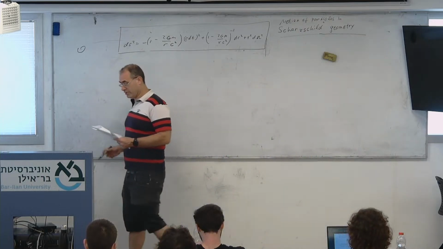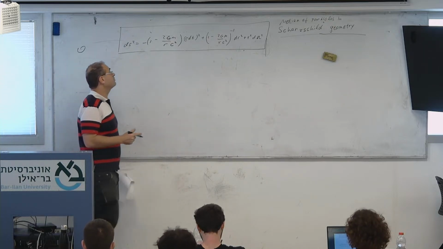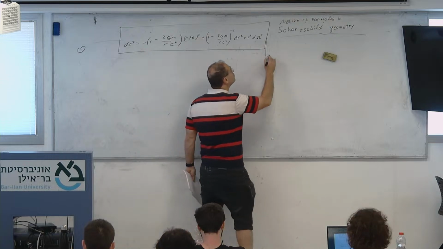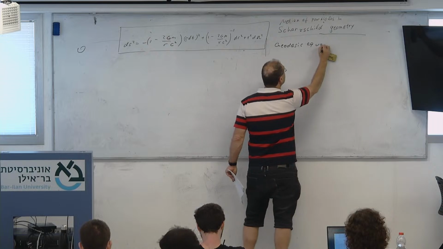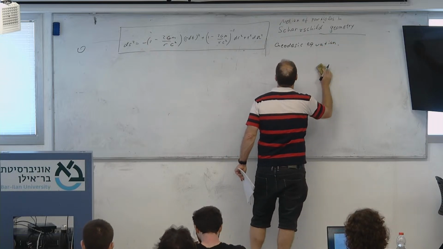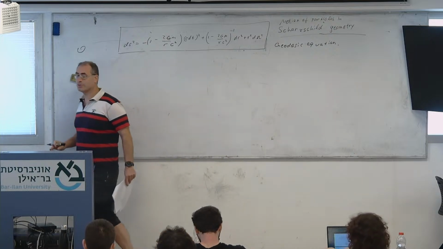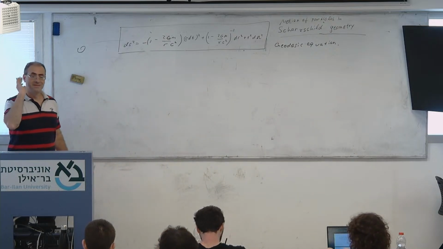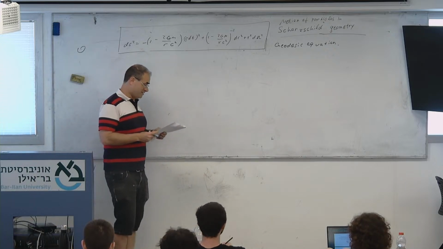For the motion of particles, geodesics, right? So the first thing to do, of course, is to solve the geodesic equation. We have a Killing vector, so maybe that will be the second thing we do. We start with the stupid thing: to try to solve the geodesic equation head-on. It's a bit complicated.